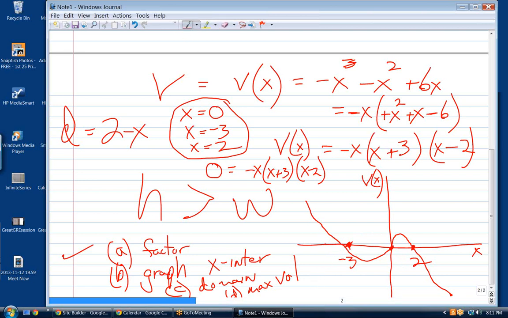Remember that for the left-hand end behavior, you only look at the highest degree term, and we substitute negative infinity for x. So this becomes negative infinity raised to the third power. Well, what is negative infinity to the third power?